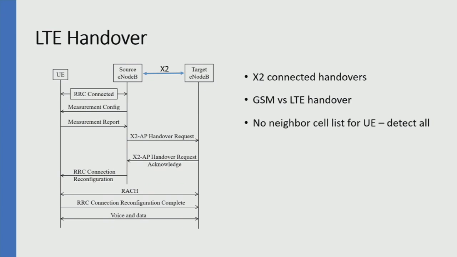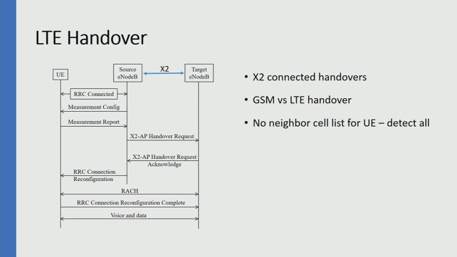And LTE handover. This is the most important procedure, like I said. So let's assume that this is the UE, which is nothing but the phone, and there's a source base station, then there's a target base station. The phone is in the connected mode. It means, let's say there is an ongoing call, and the phone is reporting measurement information like the cell IDs and their signal strengths to the base station.